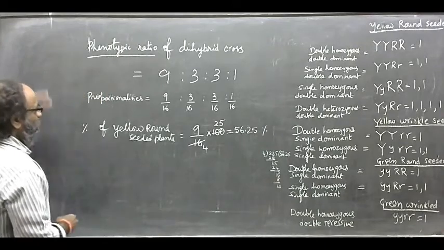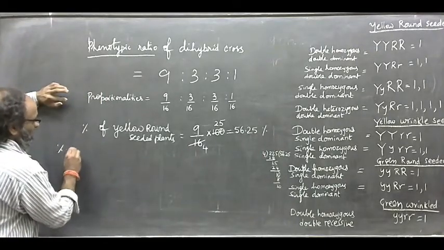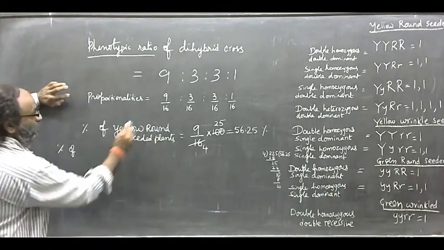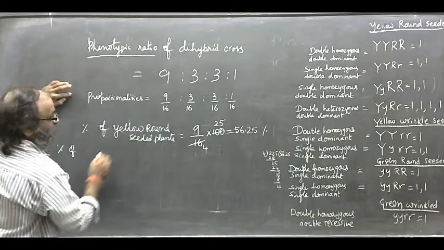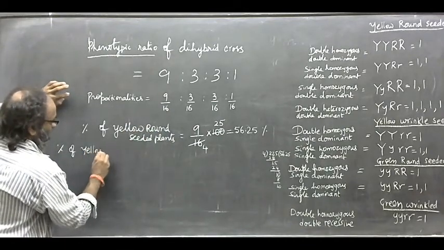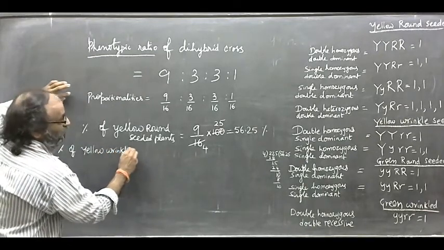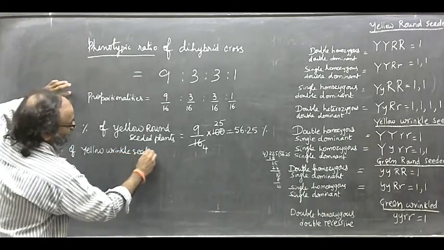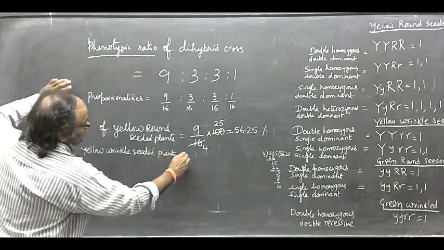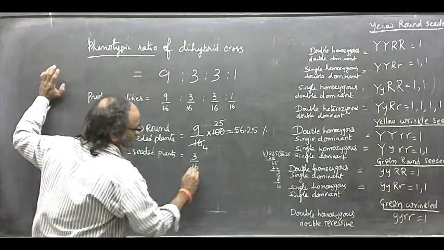And similarly, the percentage of yellow wrinkle seeded plants in F2 generation, it is 3 out of 16.